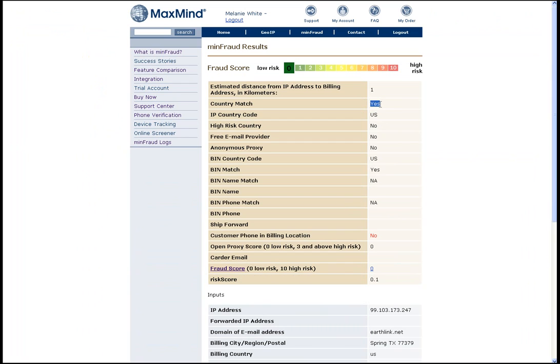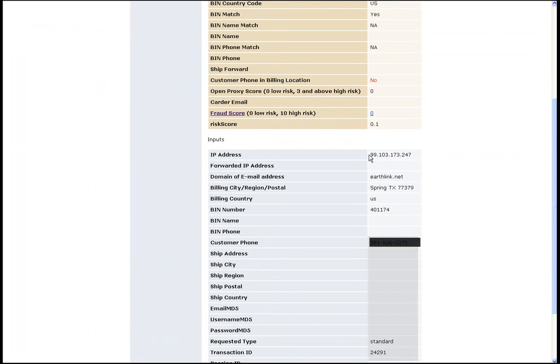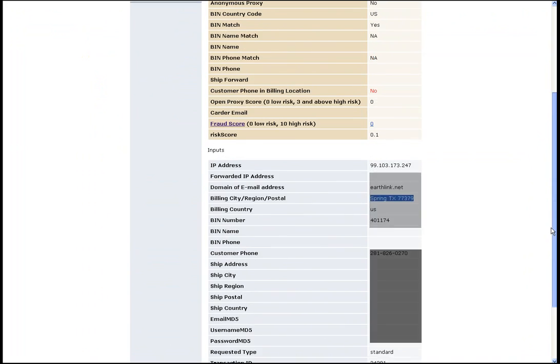The IP address matched. They're not using a free email provider. The name matched. You can also scroll down and you can see their IP address, what billing information was entered, and this just helps you to find out if your orders are fraudulent or not.